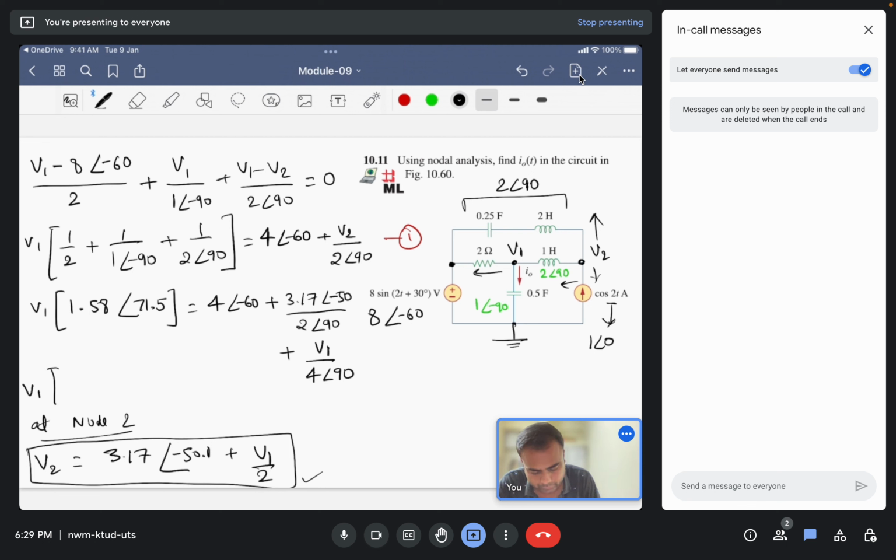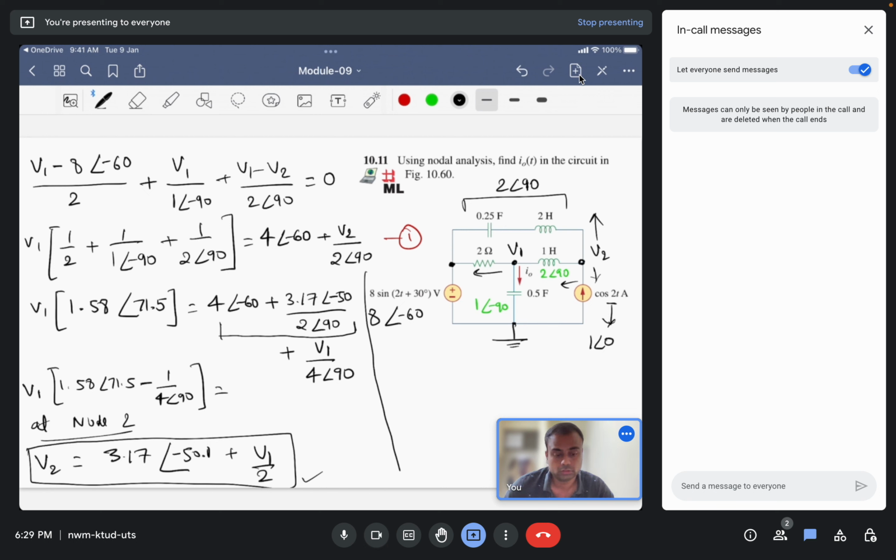So V1 times 1.58 angle 71.5 minus 1 by 4 angle 90 is equal to the simplification of this term: 4 angle minus 60 plus 3.17 angle minus 50 divided by twice angle 90.